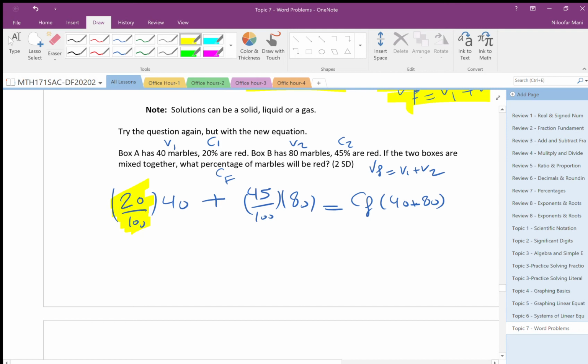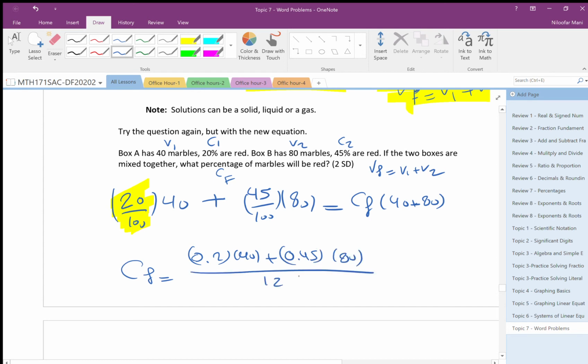But mathematically, I have to divide by 100 when I want to use it in my calculation. Now you find C final. C final is 20%, so it's 0.2 times 40 plus 0.45 times 80, divided by 120, which is the same thing.